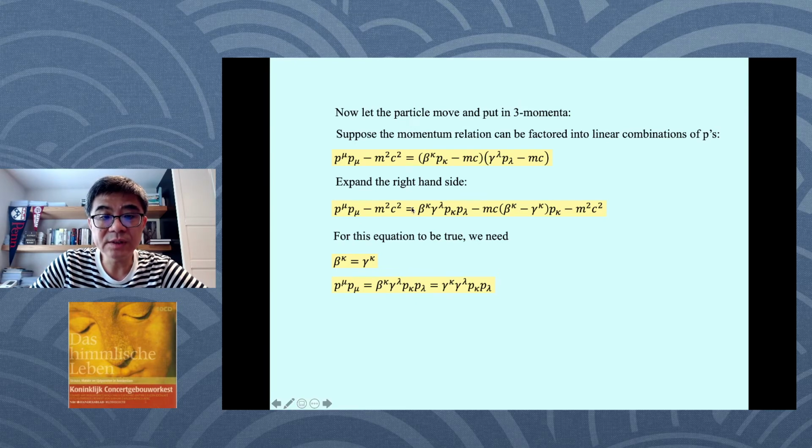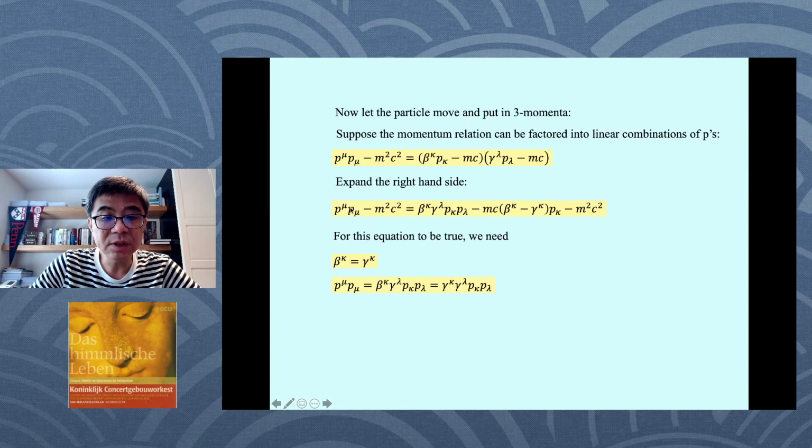For this relation to be true, we will need this term to vanish, because on the left-hand side there is no linear term. Therefore, beta kappa minus gamma kappa must be equal to 0. That means beta kappa must be equal to gamma kappa, so beta and gamma are actually the same thing. We need to choose the same constant numbers.